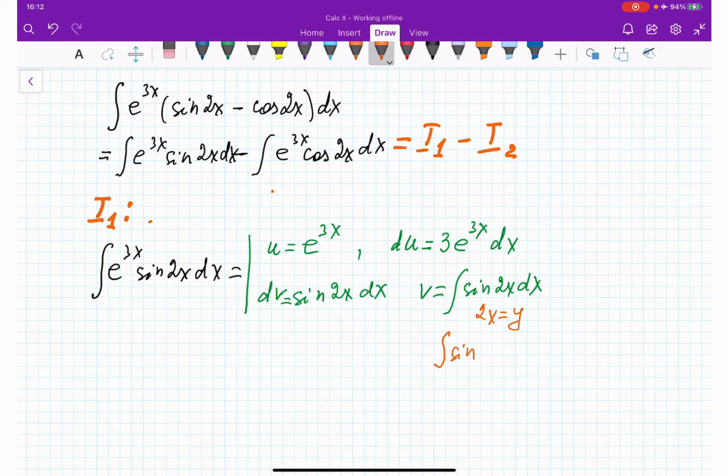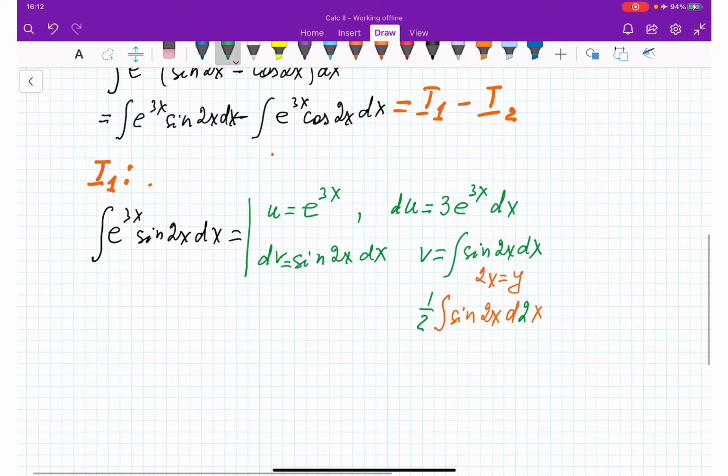Since I multiply by 2 here, I'm going to put 1 over 2, not to disbalance it. This is equal to 1/2 integral sine y dy.